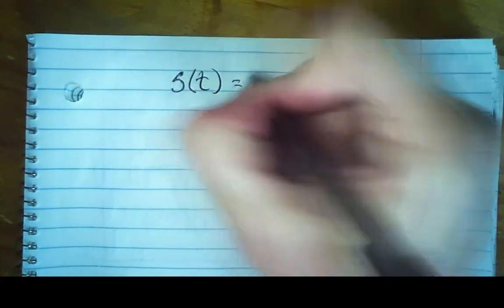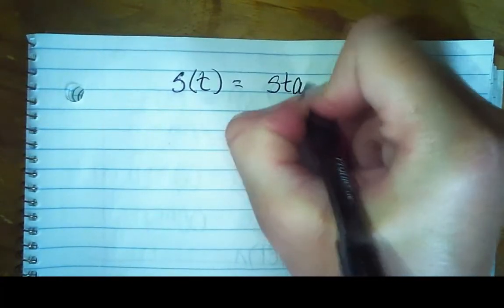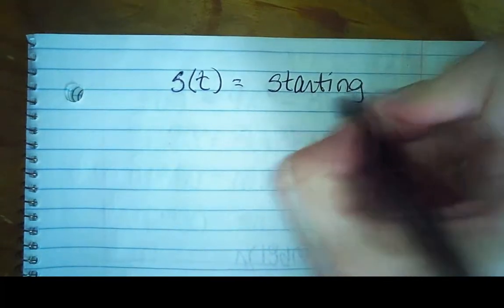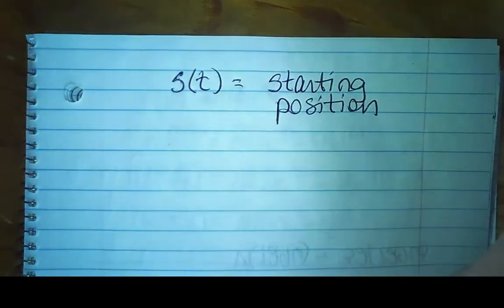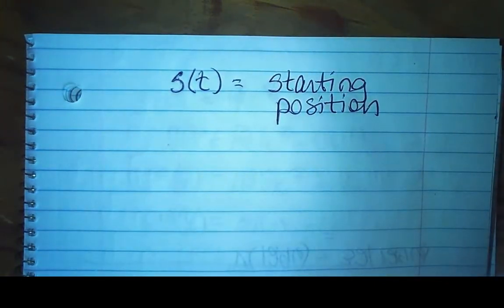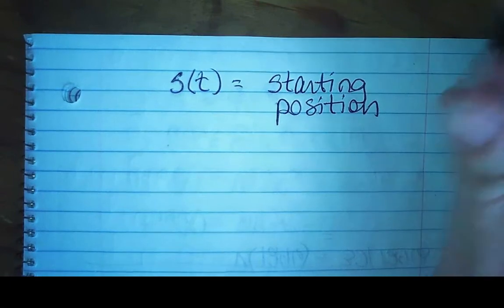So for the last couple of problems, we want to give you some context. What we know, first of all, is that our initial function is going to be our starting function, or our position function. In a business context, that's going to be your revenue function, your cost function, whatever.